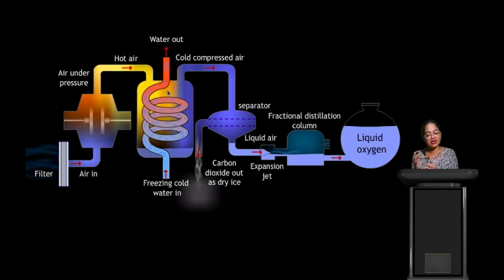After that it passes through a separator where carbon dioxide is first removed. After the separator, there's liquid air now. The liquid air passes through an expansion jet, and then through a fractional distillation column. Here the oxygen is warmed up. Through the distillation process you get liquid oxygen. Okay, so this is the process. I hope you all understood this process.